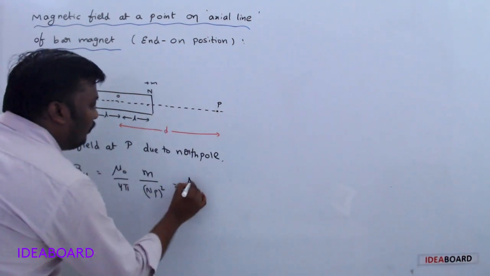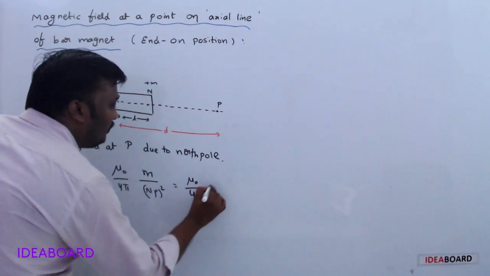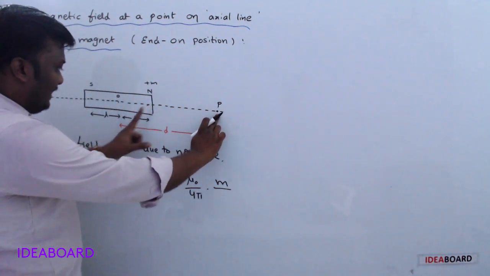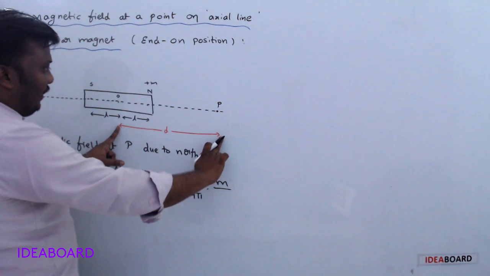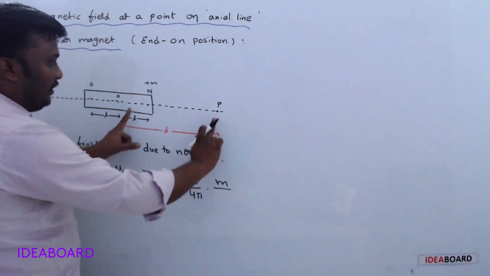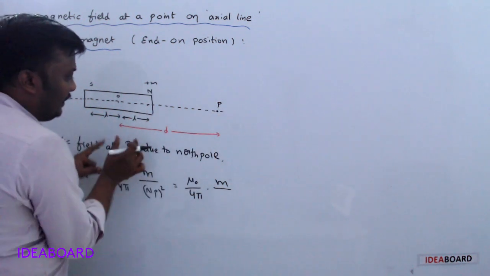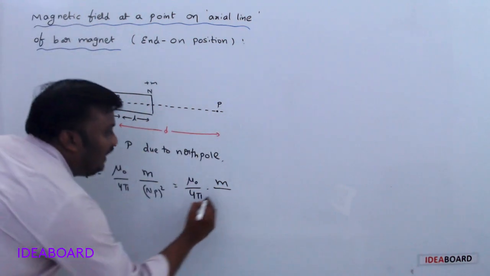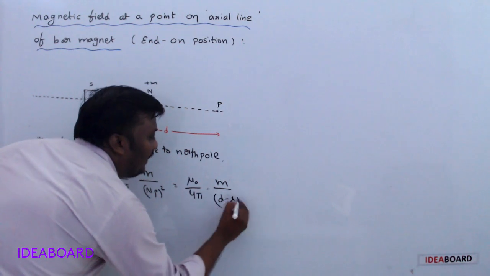So mu naught by 4 pi into m by what is this distance? See here the distance from O to P is d. Now we want only this distance. So in overall d, if you remove L, then this is nothing but (d minus L) whole square.